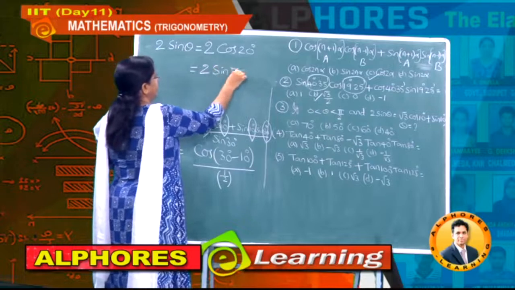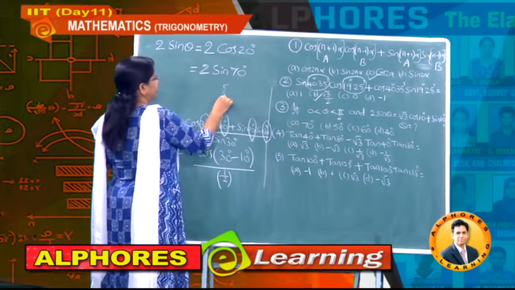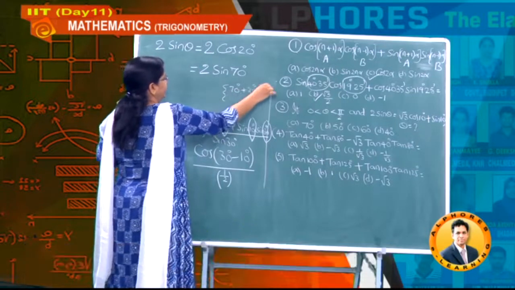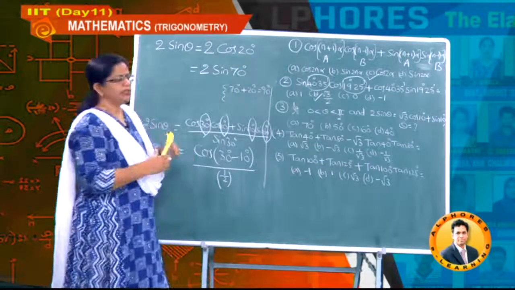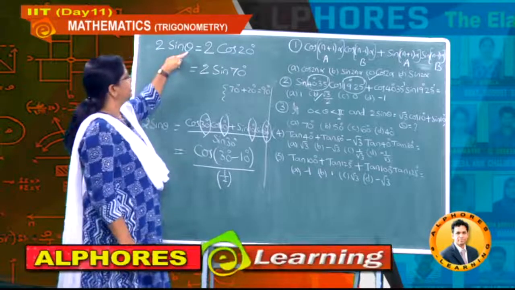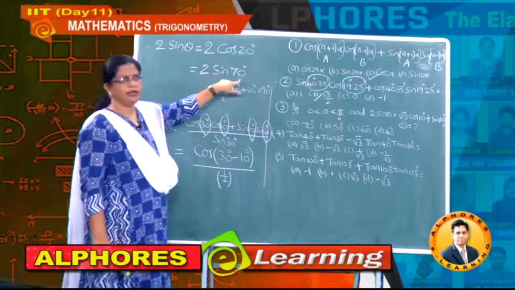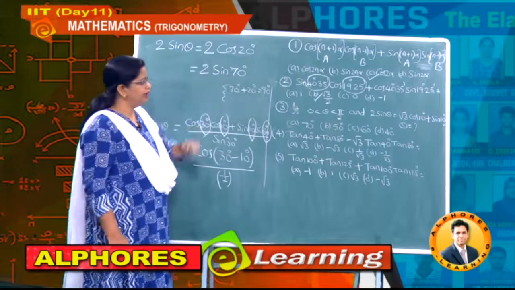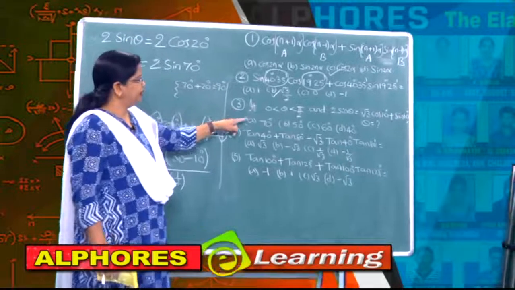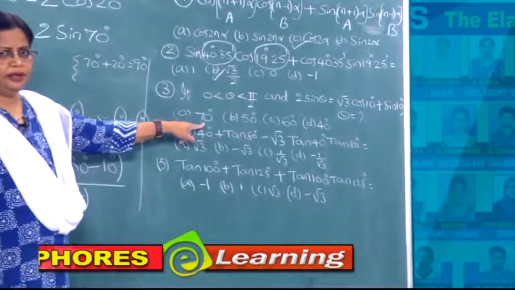Sin 70 degrees, right? 70 plus 20 is how much? 90. Complementary angle. Therefore we write cos 20 as sin 70. So students, observe what is in the theta place: 70 degrees, right? So what is the answer to this problem? Theta equals 70 degrees.